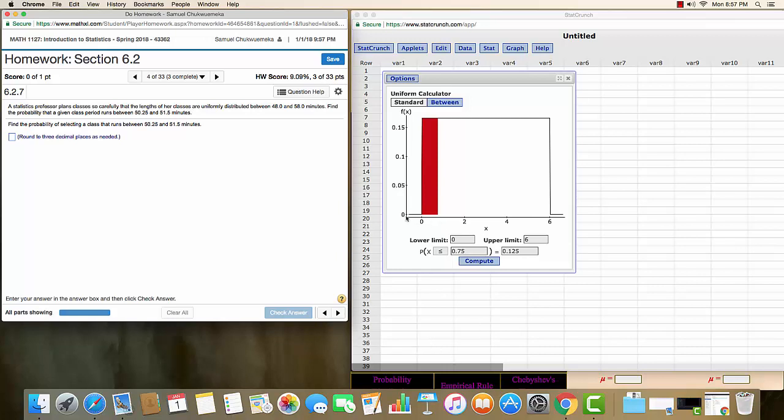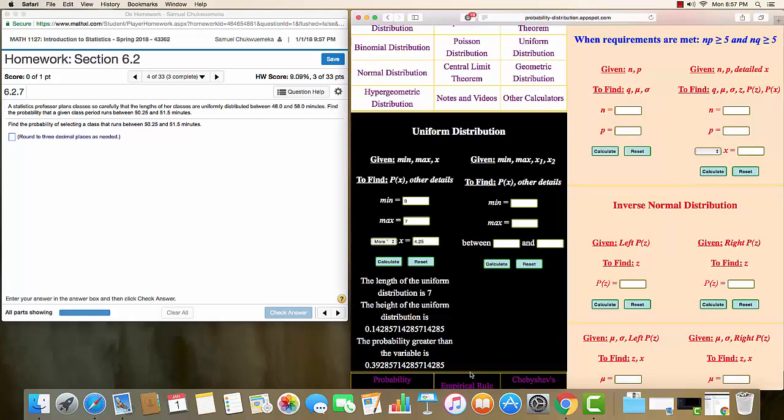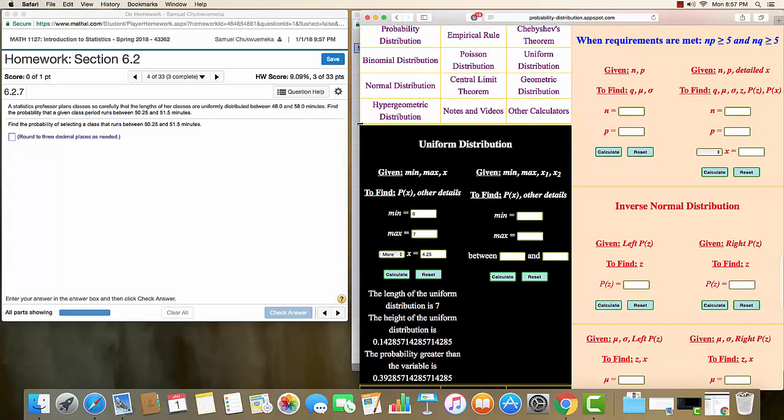I just click on this. This is asking for between. If you look at my calculator, this one is just when they give you less than or greater than. But for the between, you have to use this, if they give you the x1 and x2, two values of the variable.